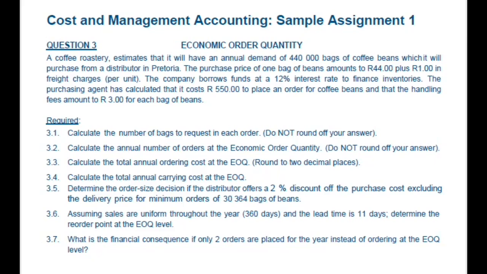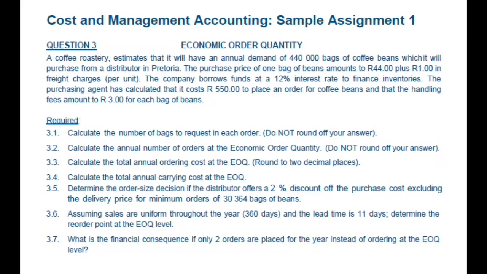The company borrows funds at 12% interest rate to finance inventories. The purchasing agent has calculated that it costs 550 Rand to place an order for coffee beans, and that the handling fees amount to 3 Rand for each bag of beans.